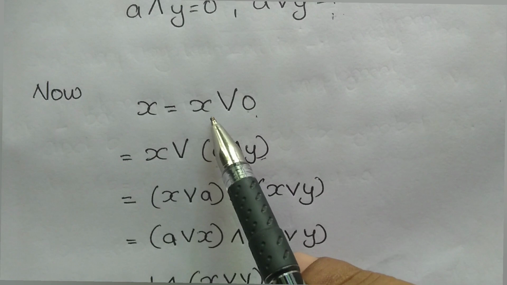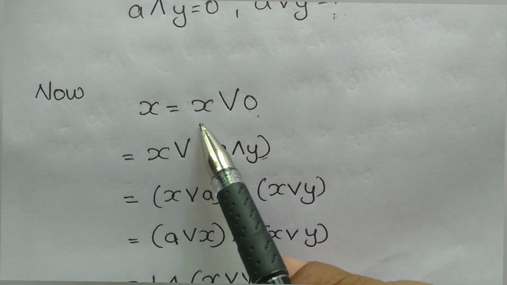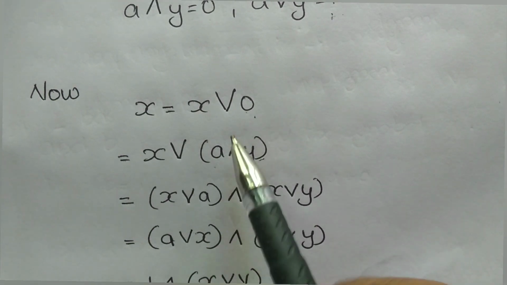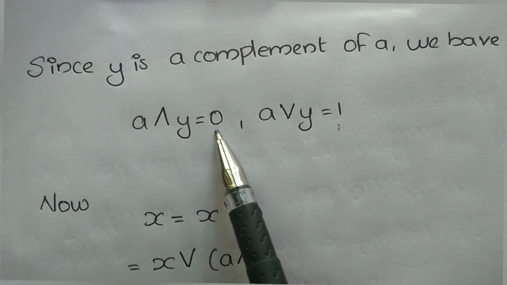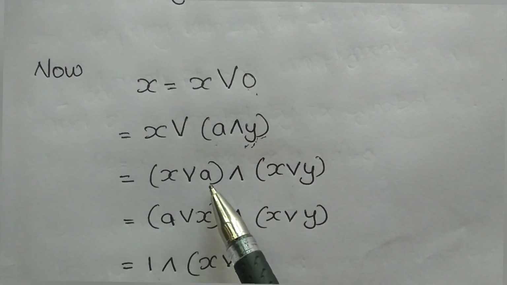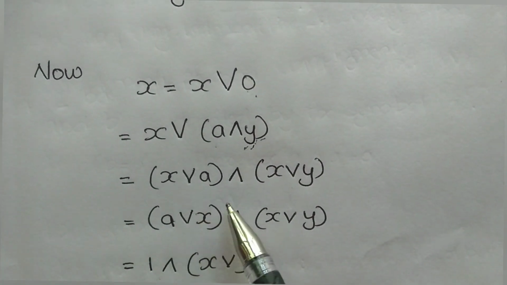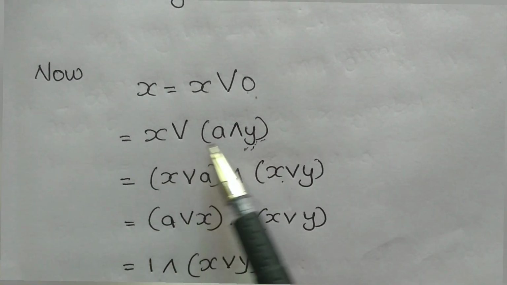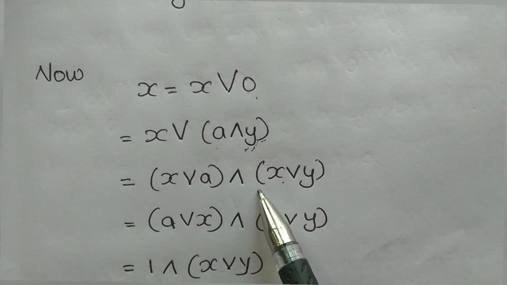Therefore 0 or X is the LUB. Now we can replace this 0 by A and Y because A and Y is equal to 0. Since L is a distributive lattice, only then can we write this.